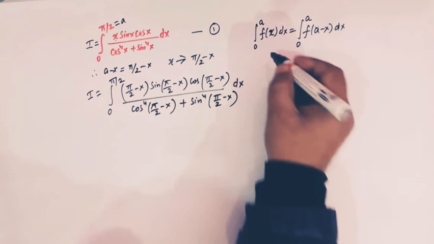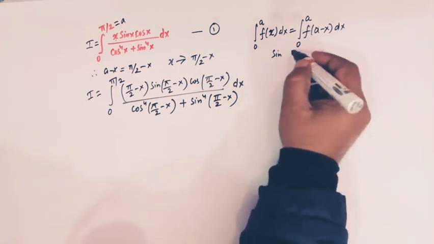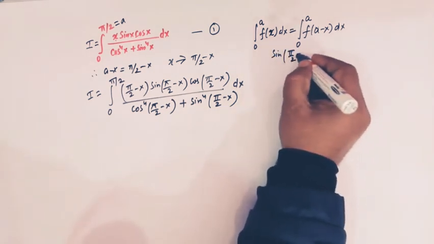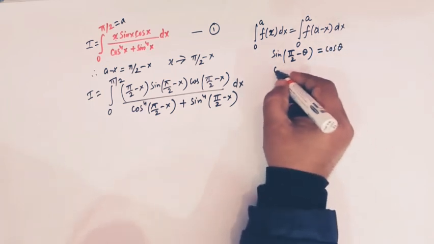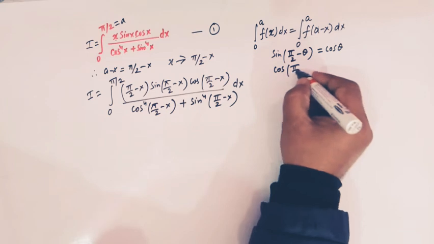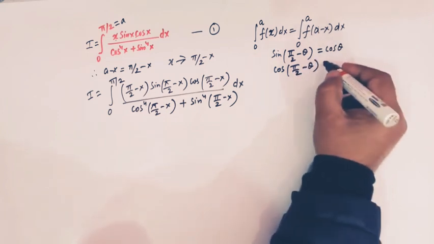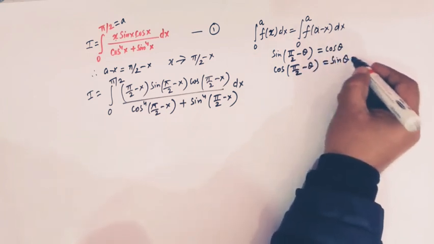Now we'll make use of two important results: sin(pi by 2 minus theta) is equal to cos theta, and cos(pi by 2 minus theta) is equal to sin theta.